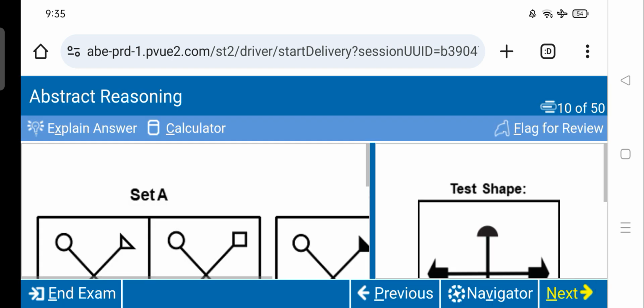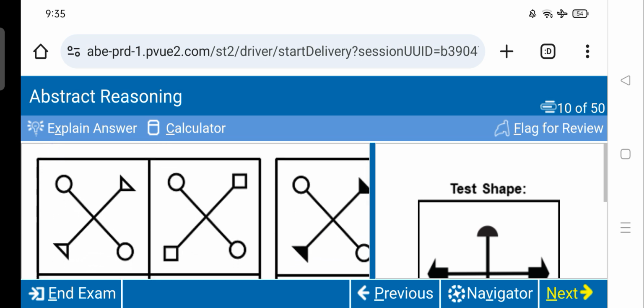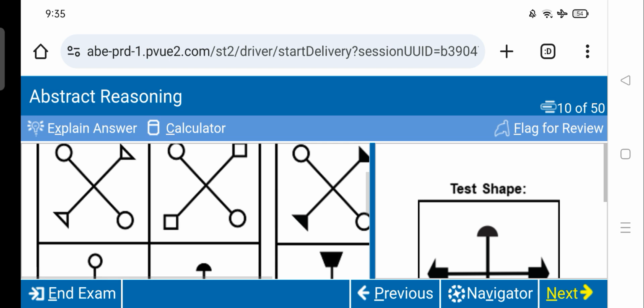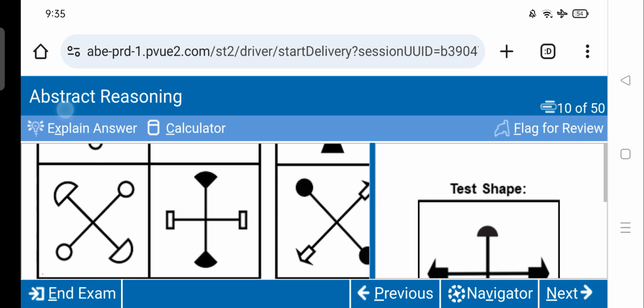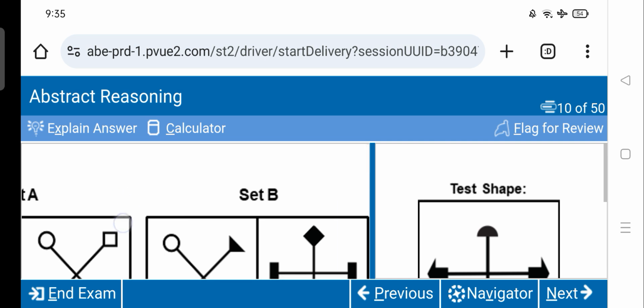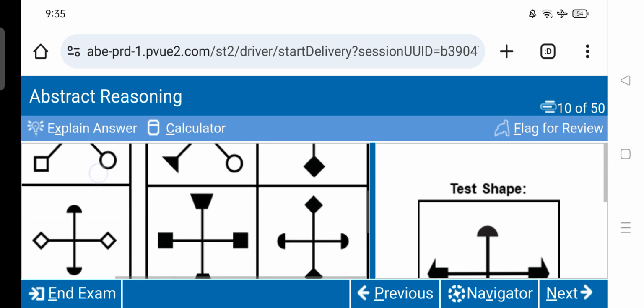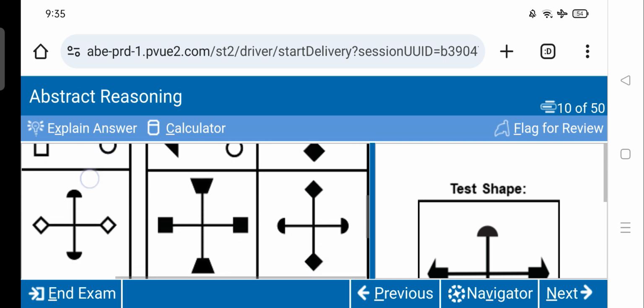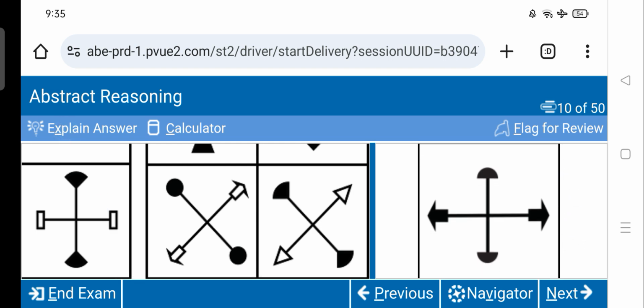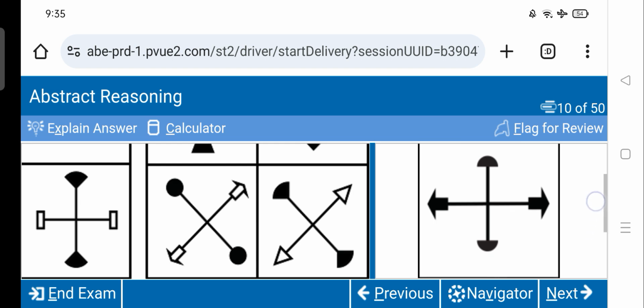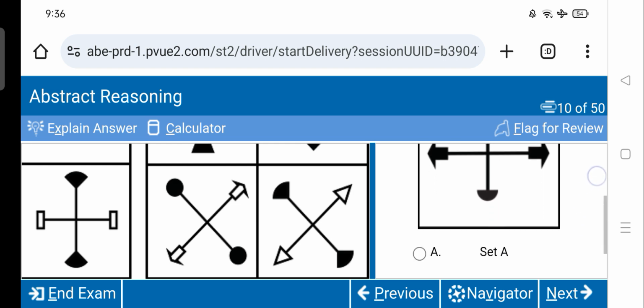Next we have question number 10. Set A having these shapes, and then set B. The test shape has these shapes, all two types of shapes, all shaded in an addition form.